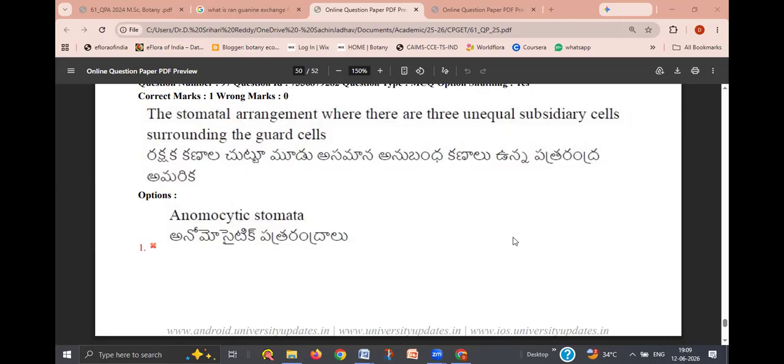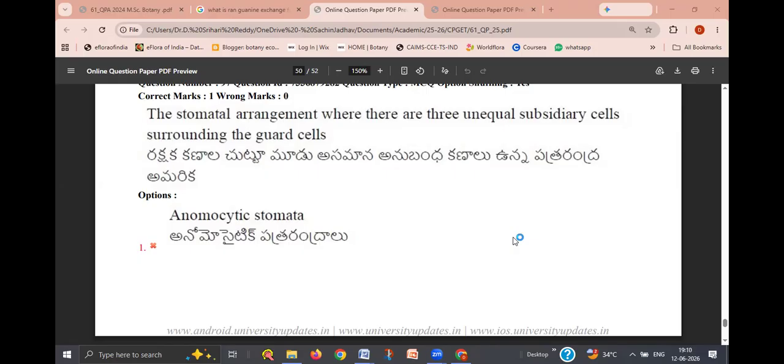And if there are only 3 subsidiary cells surrounding the guard cells, and they are unequal, that means one of the cells is largest, another is the smallest, the second one is medium.